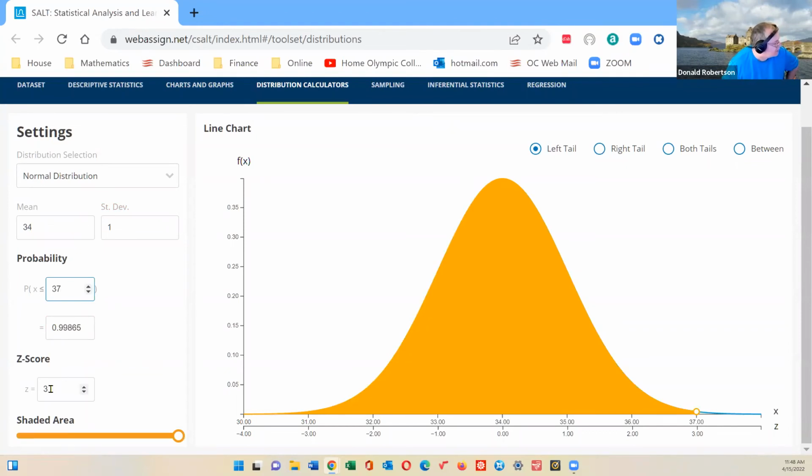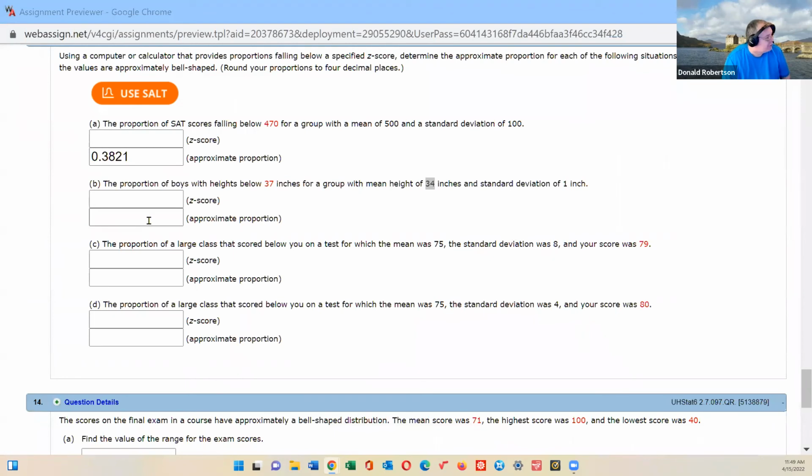Wow. The z-score is 3, and wouldn't that be almost everybody in this group? 99.86, right? 99.86% is pretty much everybody. So you could almost guarantee that in this particular story, the group of boys that you're talking about, almost every single one of them is going to be less than 37 inches or 37 or less.